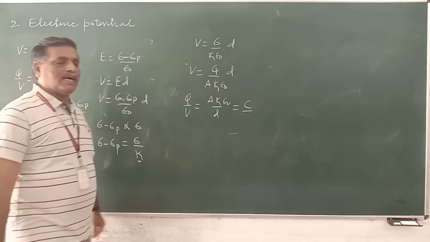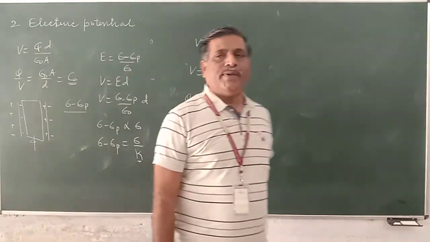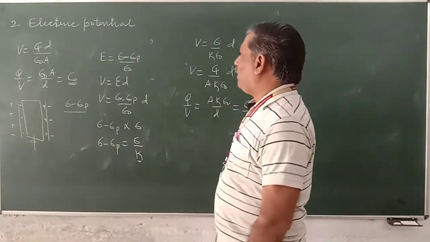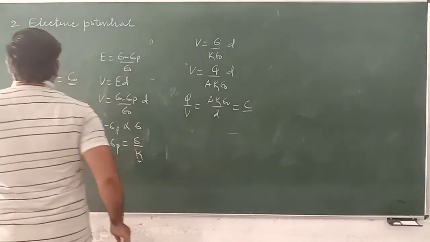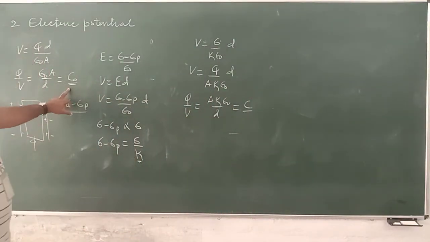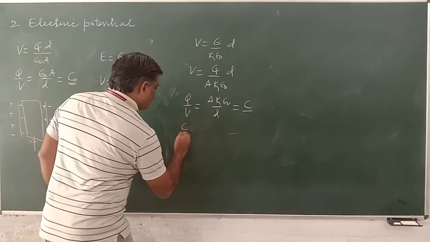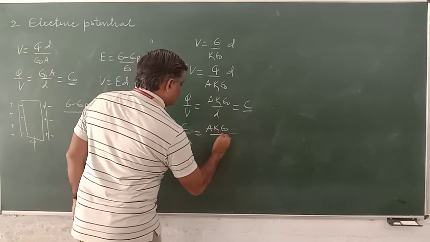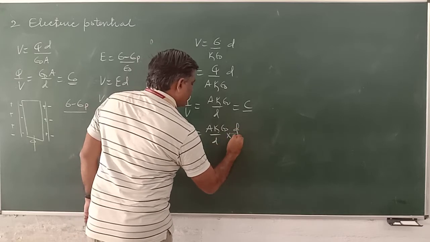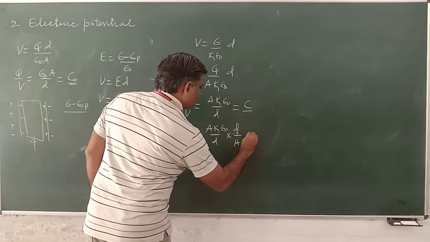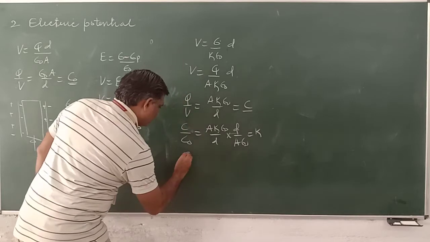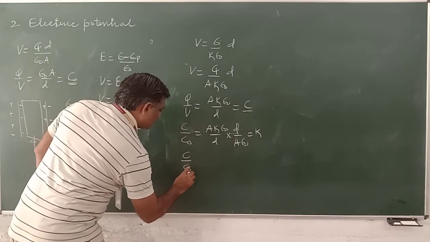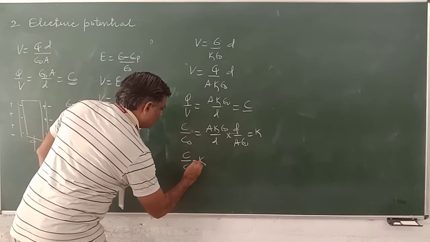Here we introduced the dielectric slab. If you take the ratio of these two, C by C0, or C0 by C, C by C0 is equal to A K epsilon 0 by D into D by A epsilon 0, which becomes K. So this is nothing but the dielectric constant.